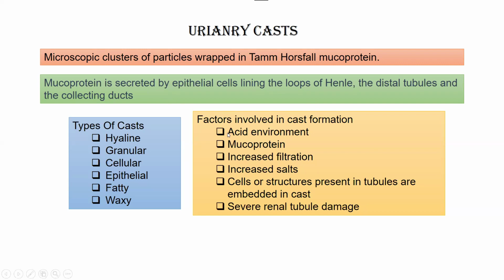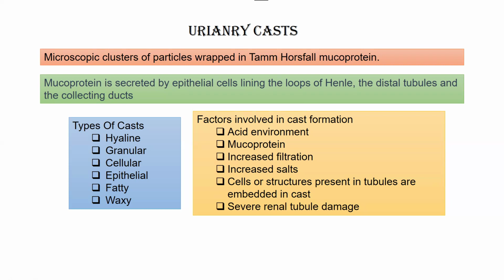The factors involved in the cast formation are these six. Acid environment, mucoprotein should be present, there should be increased filtration, like if more fat, more cells, or these things will filter from the glomerulus into the tubules, they will get entrapped in the Tamm-Horsfall mucoprotein and form the cast. So there should be increased salts in the tubules.